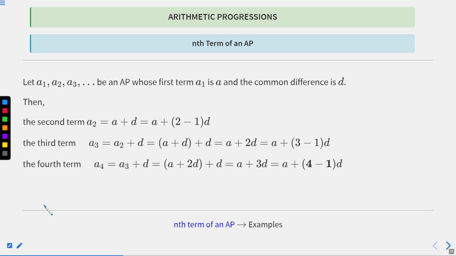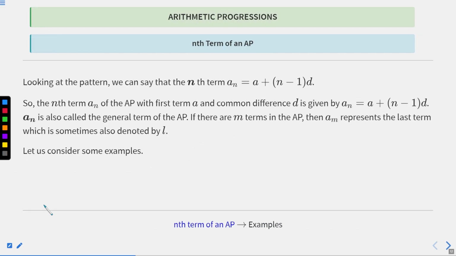We know a3 is equal to a plus 2d, so we can write a plus 2d plus d, which is equal to a plus 3d. This is equal to a plus 4 minus 1 times d. So the fourth term of this AP is a plus 4 minus 1 times d.